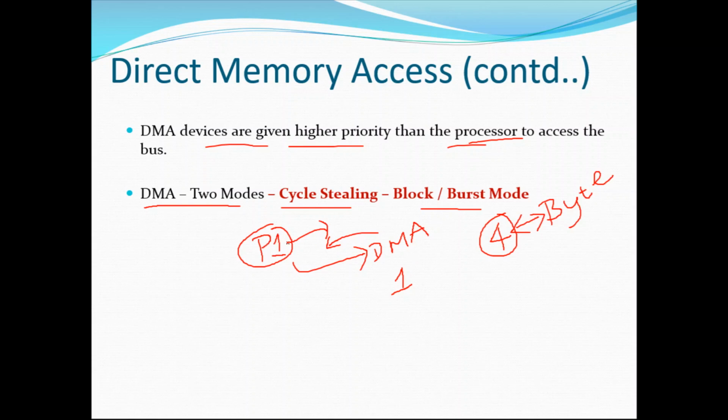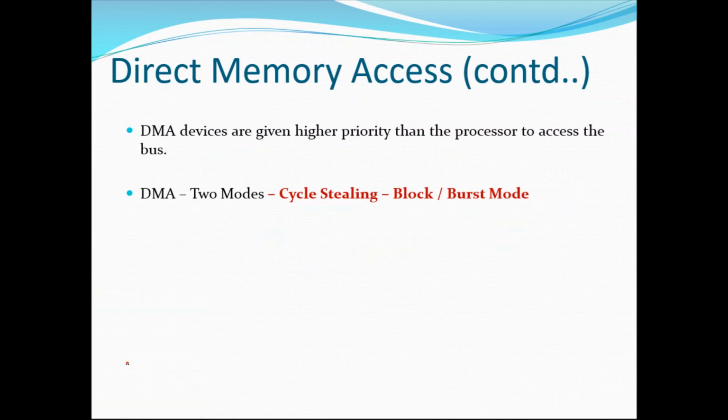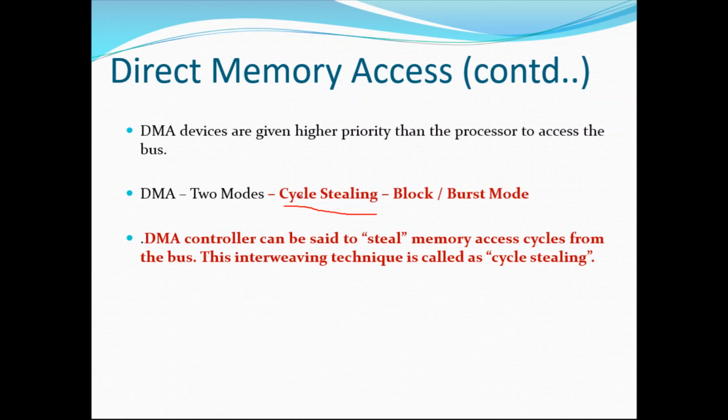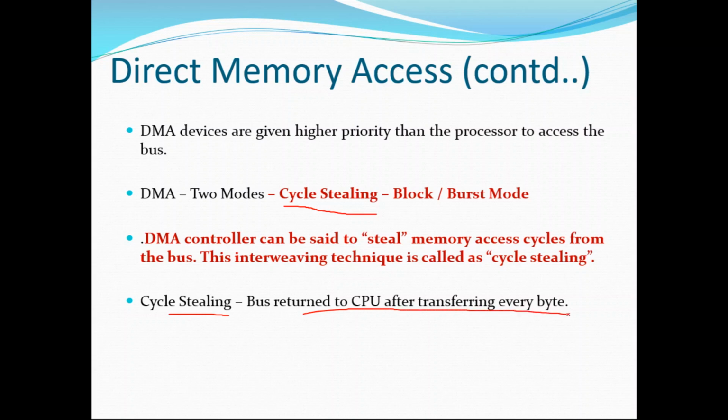So again for the third byte it will happen like that. Again for the fourth byte also it will happen like that. That technique is called cycle stealing. Cycle stealing means DMA will be given control of the bus only for transferring one byte of data. So in DMA cycle stealing, the bus is returned to the CPU after transferring every byte.